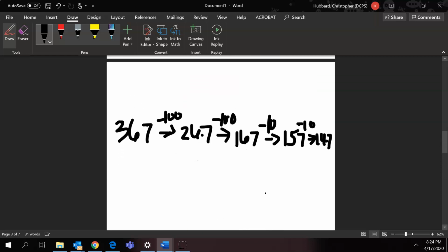If you look at this problem, the actual problem would be 367 minus 100, 200, 10, 20. So 367 minus 220. So first we subtract our hundreds and then we subtract our tens. We have 200s in this number and 2 tens in this number. Okay?